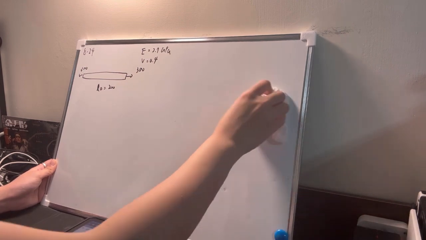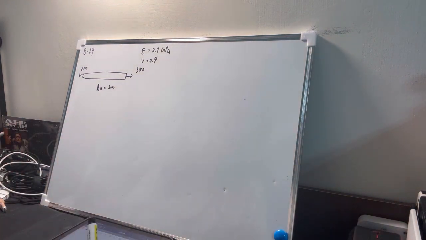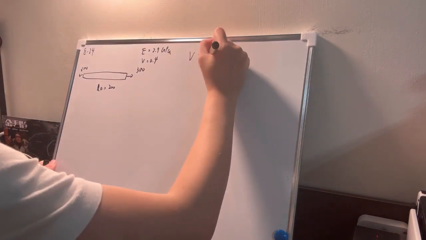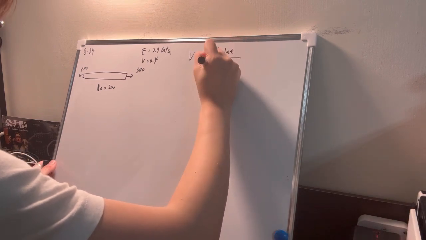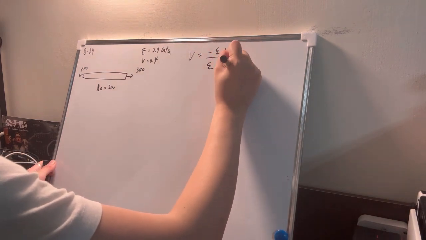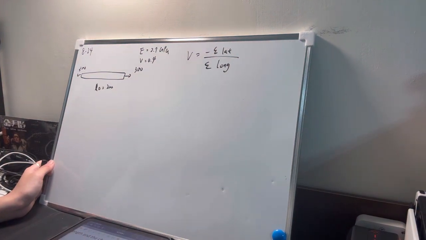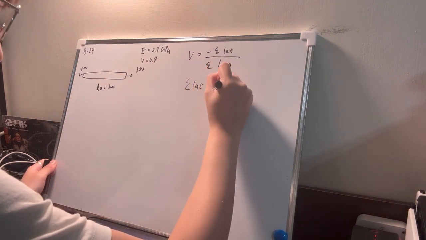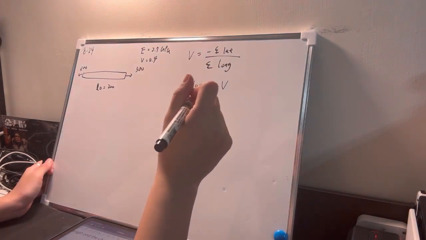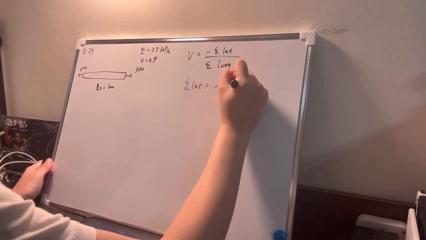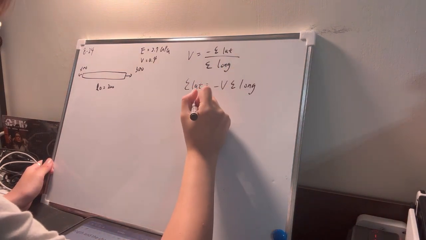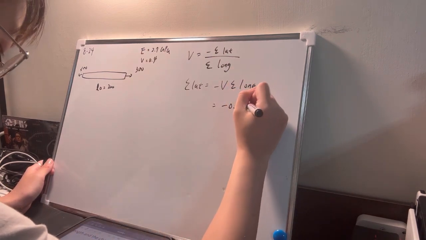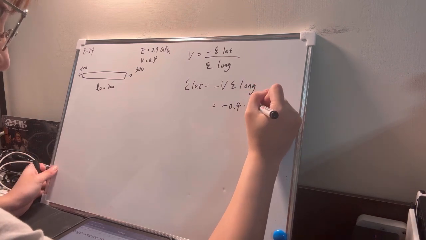Also, second, it's asking us the change in the diameter of this. So we also use this function, LAT and the LONG here. So LAT is equal to minus V times LONG here. So it will be 1 minus, it also gives us here, and times the value from the last question.